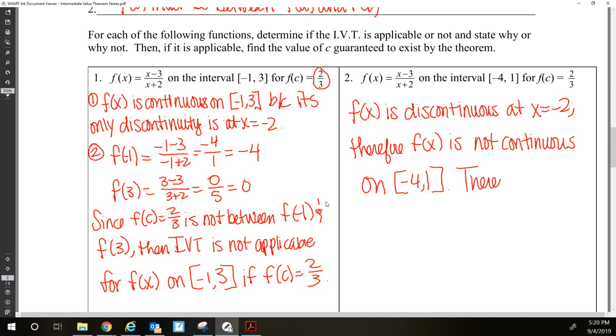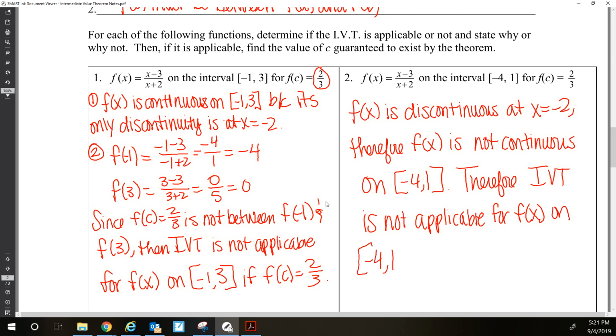Therefore, since we failed even the very first part of it, our first expectation, IVT is not applicable for f of x on -4, 1 if f of c equals 2/3. Okay?